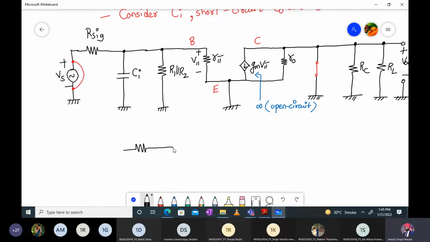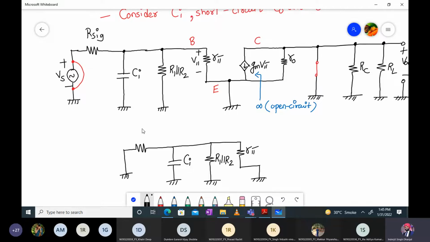We have R sig, then we have Ci, then we have R1 parallel to R2, and then we have R pi, right? This part will be open circuited. This is R pi, this is R1 parallel to R2, this is ground, and this also is short circuited. So this is R sig.